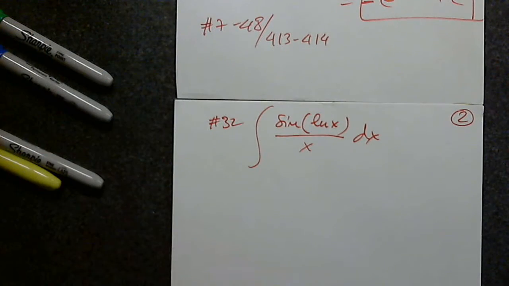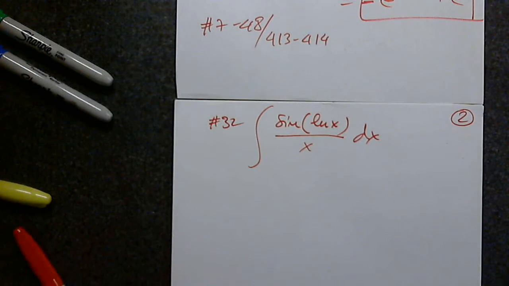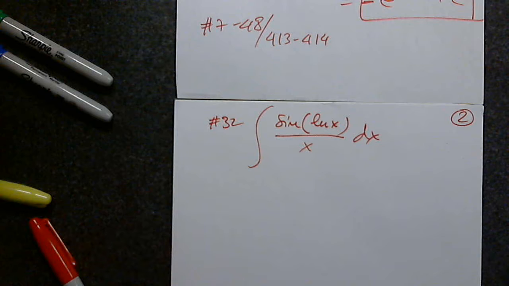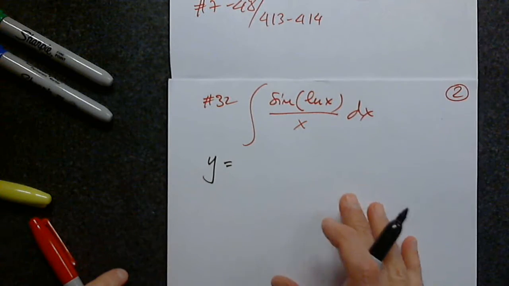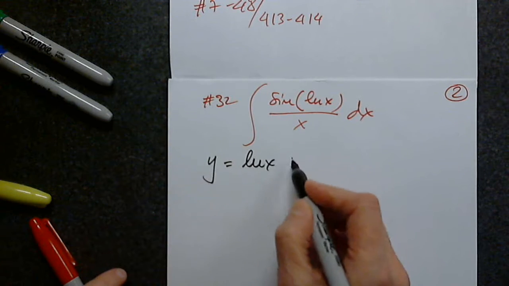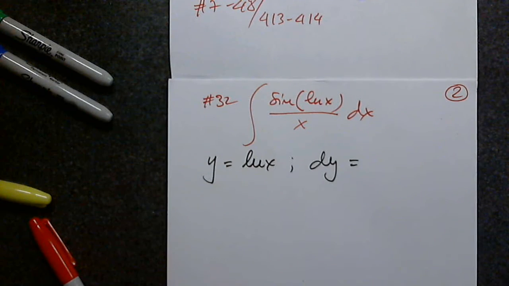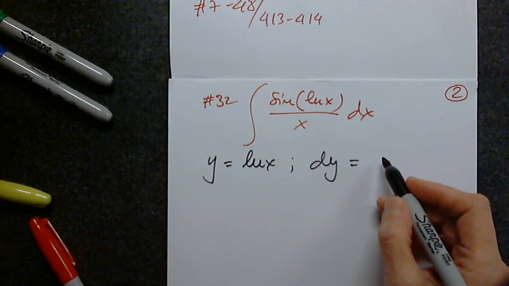So something looks like a wart. What is it? The natural log inside of sine. That's a big deal. So if I say let y be natural log x, then dy, not the derivative, but the differential of y, is dx over x.